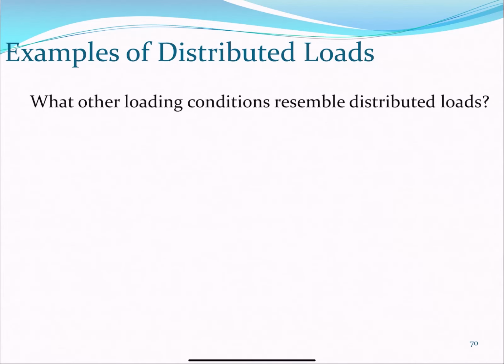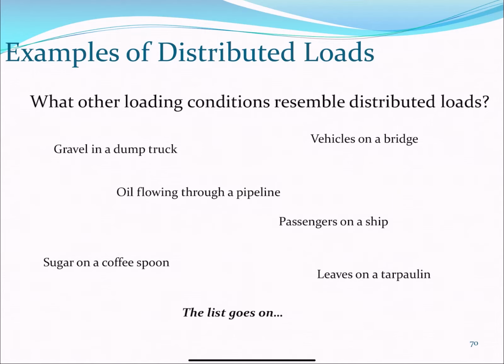What loading conditions resemble distributed loads? These are very common. Gravel in a dump truck, for example. Let's say, horrible drawing, it's filled with gravel, so it's a distributed load onto the truck.